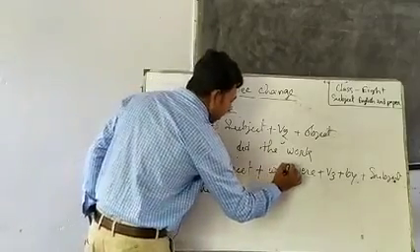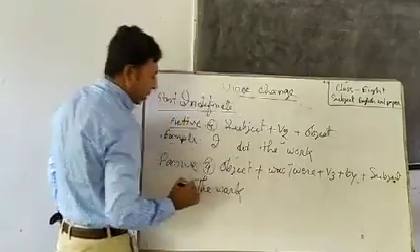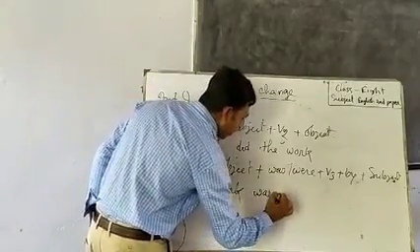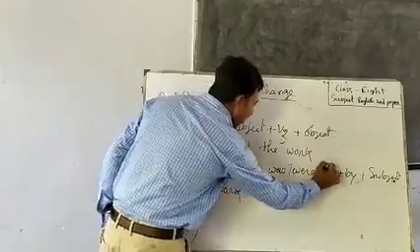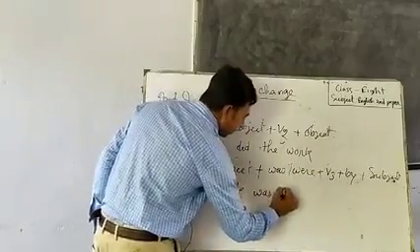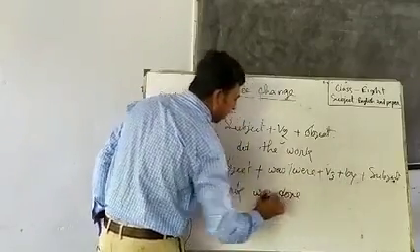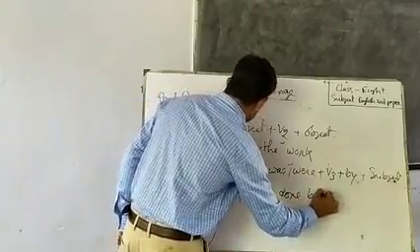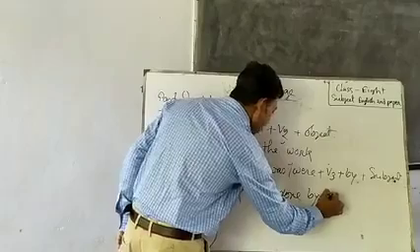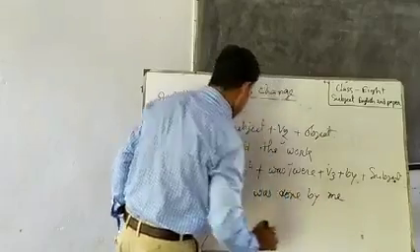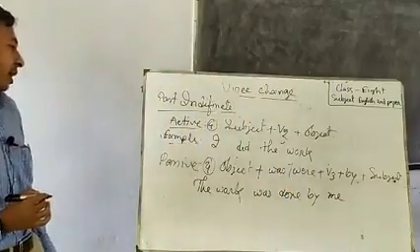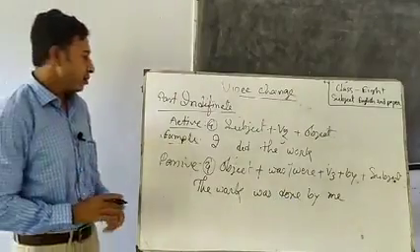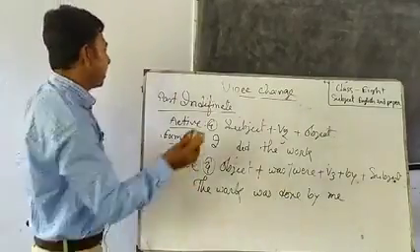And we write was, were according to structure. Was. And we write verb 3. Verb 3 is done. And we write by and object is me. The work was done by me. Here is the complete past indefinite tense.